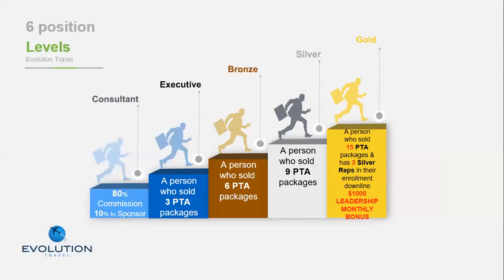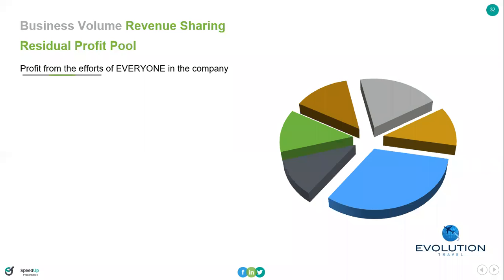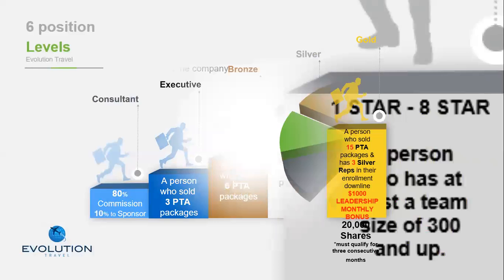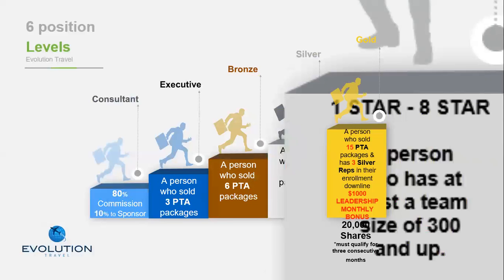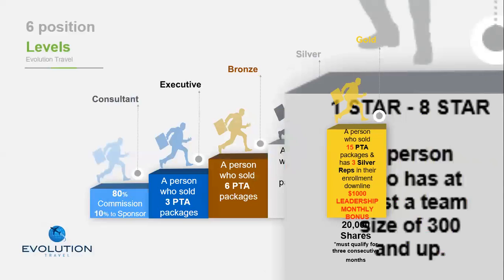And out of those 15, 3 in your team have to be silver. Then the next level, which is the big boy level, is the platinum level, a person that has a team size of 300 and up.